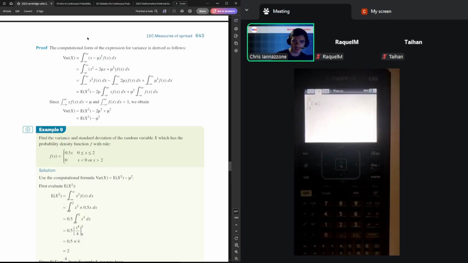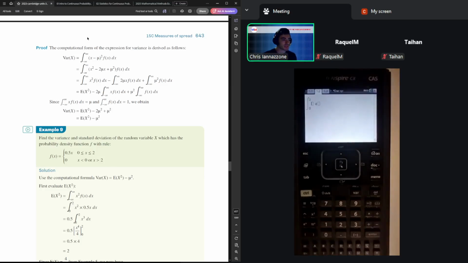Like if the mean has an 80% likelihood of occurring, then that's pretty low variance, because pretty much all the probability is condensed right on the mean. Whereas if the mean had a 20% chance of occurring, then that probability is now distributed elsewhere in the distribution and thus has higher variance.